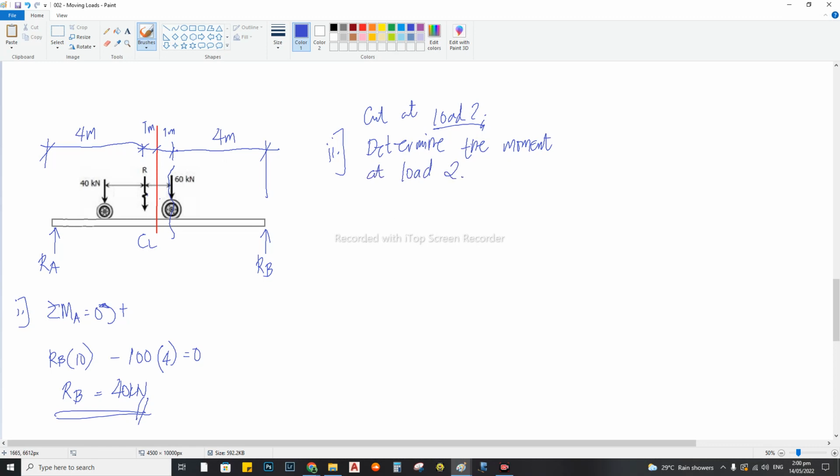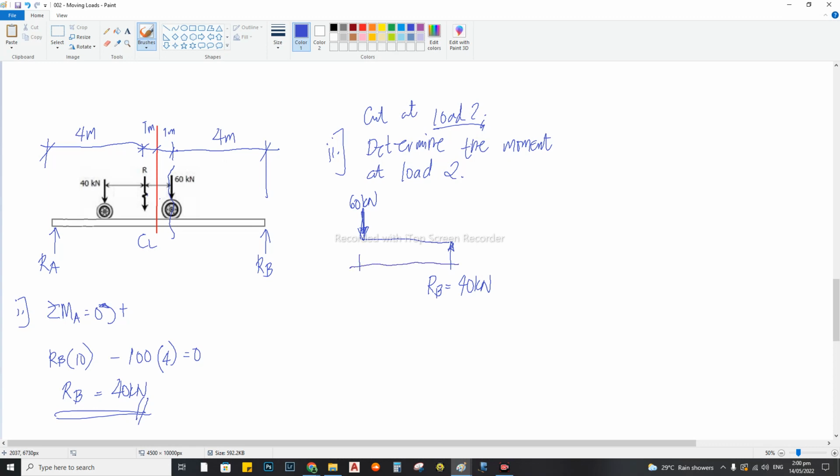So ato na siyang gikat. So let's say this is load 2 at 60 kilonewton. And then we have the reaction at B, which is equal to 40 kilonewton.